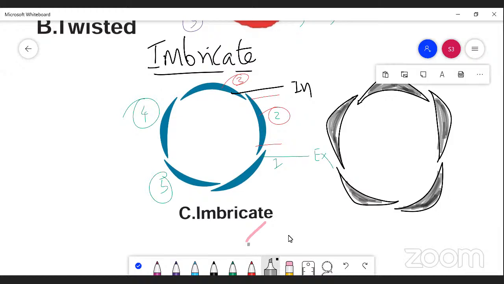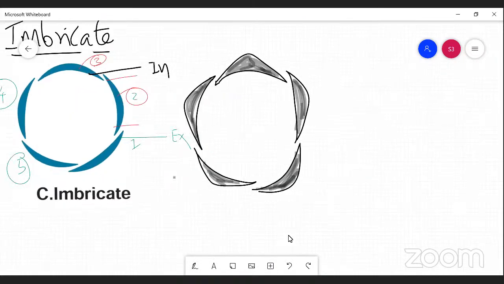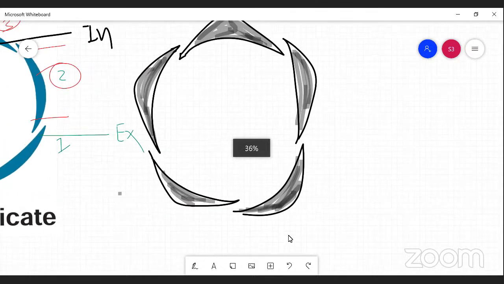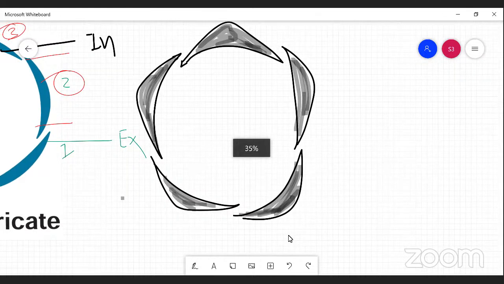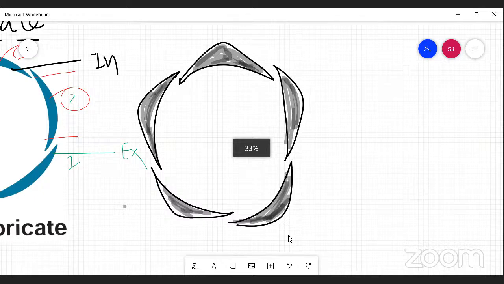So this is a diagrammatic representation of the imbricate distribution. In that manner, we can draw the imbricate distribution. Just imagine, in some plants, the floral parts are arranged in this manner. I mean, the arrangement of calyx and corolla in this way. So that is called an imbricate distribution, right?